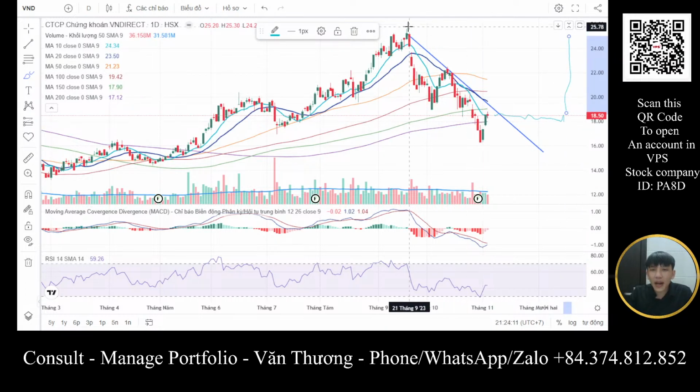Because VND is in a downtrend, it's very difficult for this stock to go up like a V shape. The stock cannot recover like this. The best case is the stock goes flat here before it can move up.